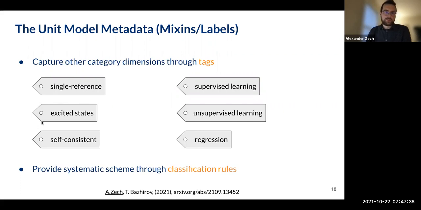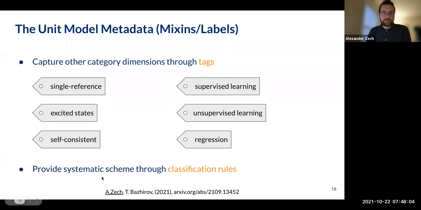For example, if a model is able to produce excited states, or if it was obtained self-consistently, these may all be valuable information for sorting or searching. And for database models, for example, it could be a tag like indicating that it's a supervised or unsupervised learning method, or something like regression could also be included as a tag.